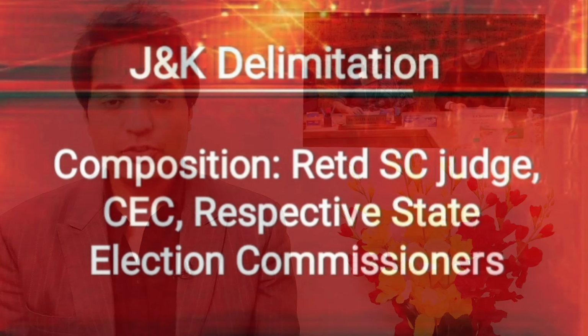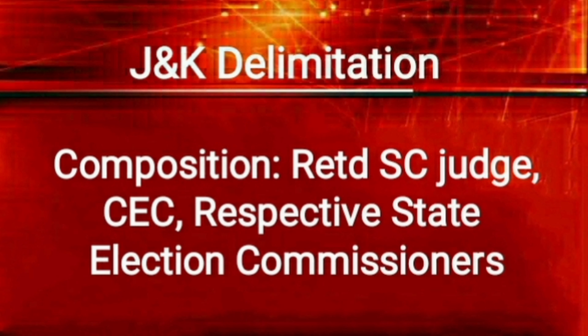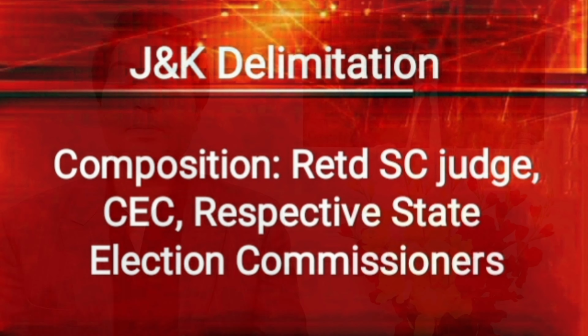The Delimitation Commission is appointed by the President of India and works in collaboration with the Election Commission of India. As far as the composition is concerned, a retired Supreme Court Judge, the Chief Election Commissioner and the respective state election commissioners are also involved in this exercise.